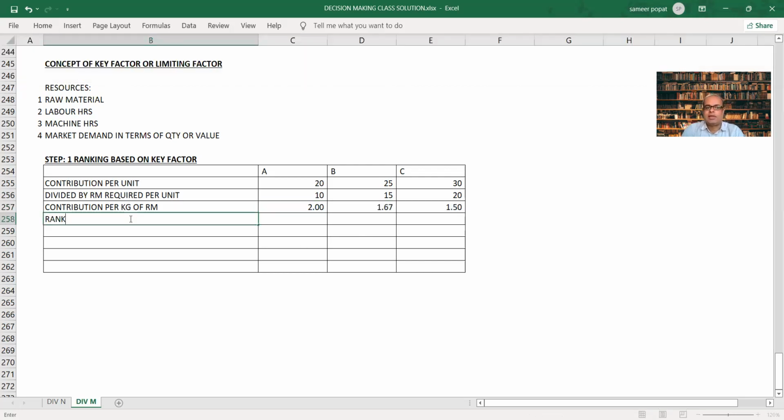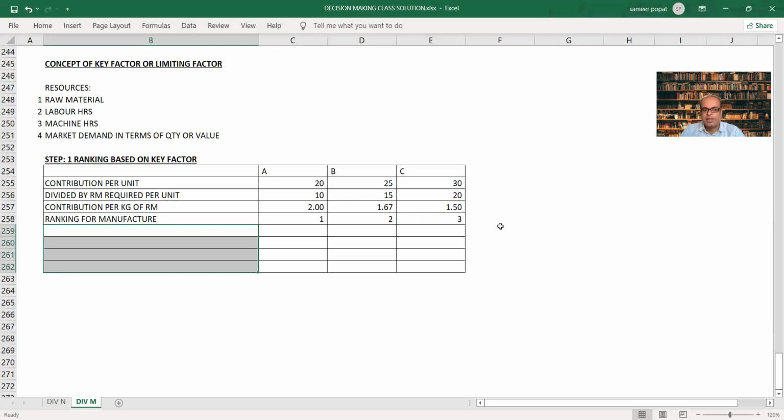And we need to give rank for manufacture. So rank 1 here, comparing the contribution per kg of raw material, it is 2, rank 1. Then 1.67 rank 2, and 1.5, the lowest contribution per kg, would be given rank 3.